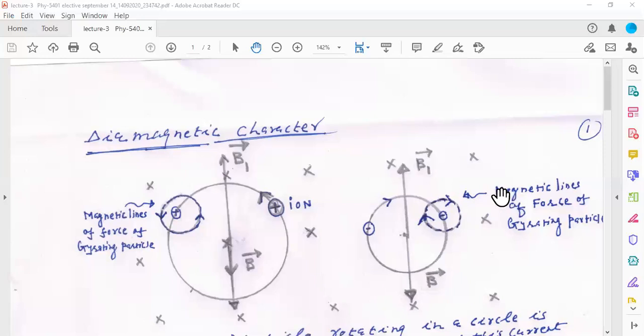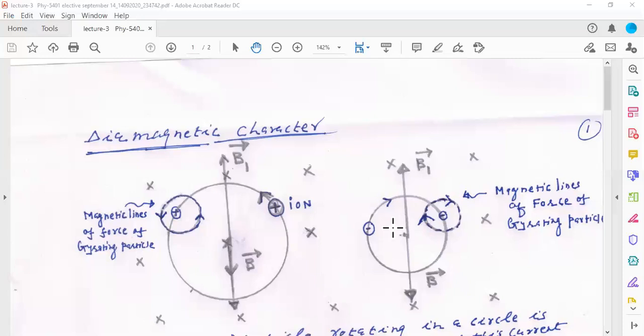If you want to describe the gyration of an electron in a uniform magnetic field, you have to take your right hand and orient it in such a manner that the thumb of your right hand points along the field direction.